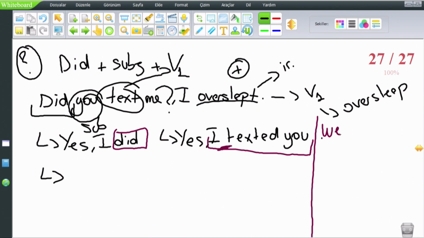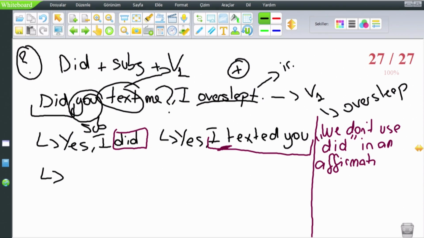And we don't use did in an affirmative sentence in past simple. This is the reason that we use did in the short answer and the reason why we don't use did in the long affirmative answer.